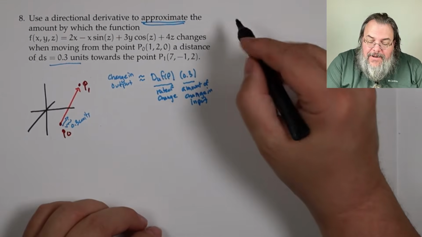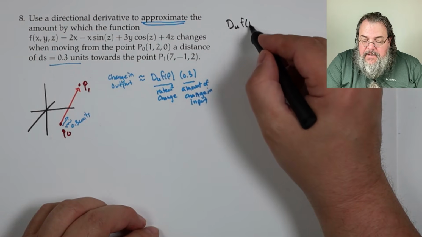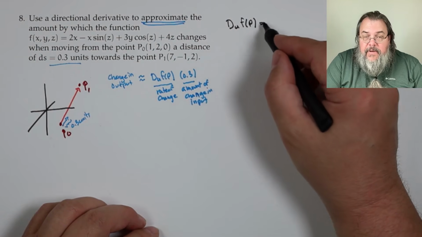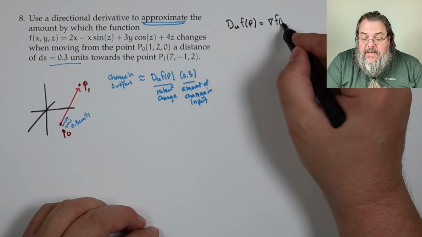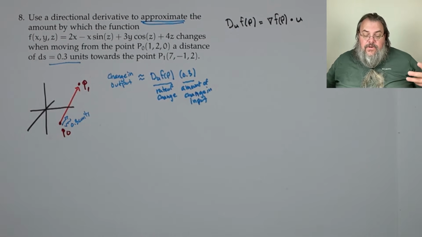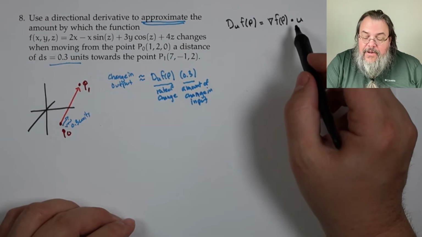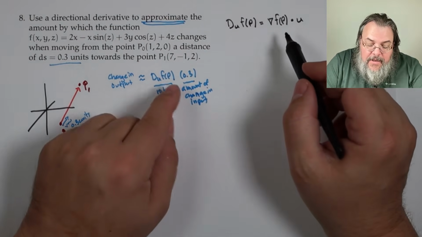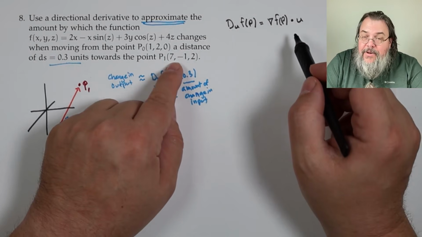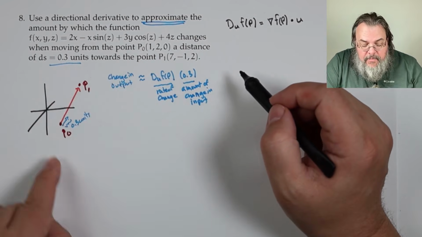So recall that if we're computing the directional derivative of a function at a point, then this is found by taking the gradient of the function at that point, dot u. So we have 2 tasks ahead of us, the gradient and u. I'd like to do u first because that tends not to be too bad. Here we're going from P0 to P1.